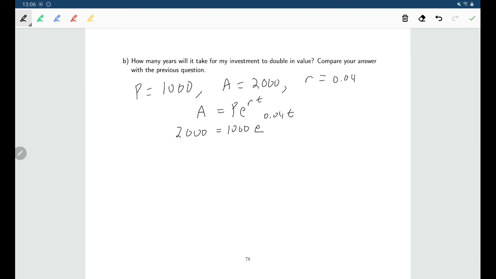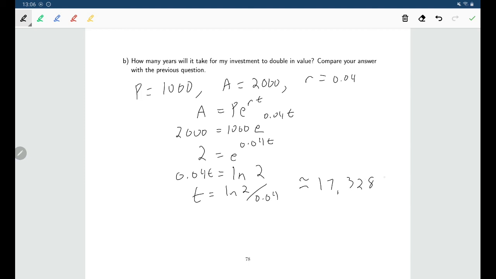I'll isolate that exponential function by dividing everything by 1,000. And then I can solve for t by rewriting this as a logarithmic equation with base e, switching the inputs and the outputs. And then I can find out what t is. It's natural log of 2 divided by 0.04, which, when I run that through my calculator, I get about 17.3286.